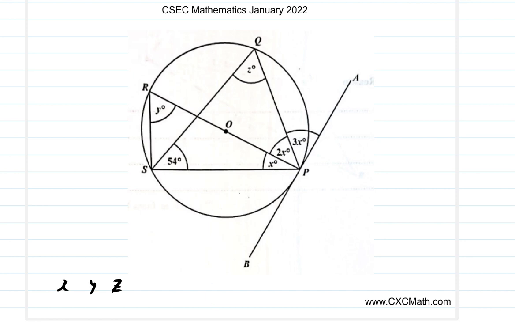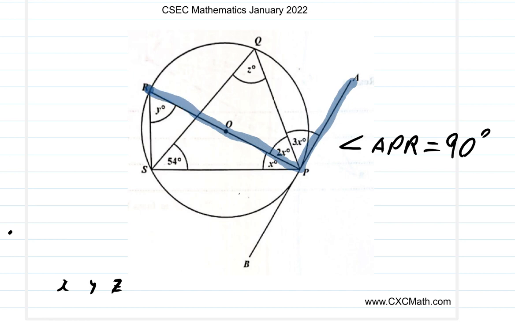Well, in that case, that is angle APR, and angle APR must be equal to 90 degrees, and the reason is because AP is part of the tangent to the circle, and PR is the diameter, which is at P, the point of tangency. So APR must be 90 degrees. Alright?